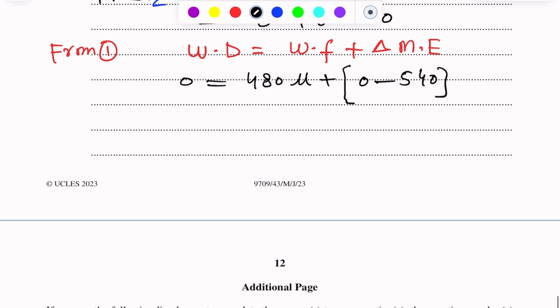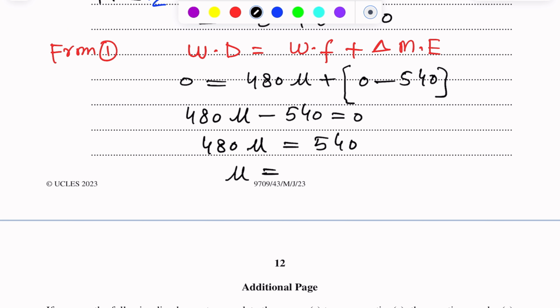Simplifying it, we can find the value of mu as a fraction. So 480 mu minus 540 is equal to 0. 480 mu is equal to 540, and from here mu is equal to 540 over 480. After simplifying, we get the value of mu is 9 over 8. This is the answer.